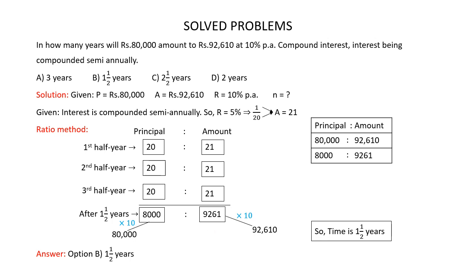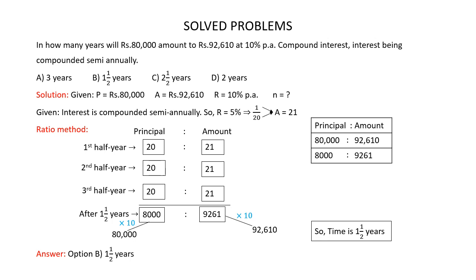Now clearly here you can see that 8000 multiplied by 10 is 80,000, which is the given principal. 9261 multiplied by 10 is 92,610, which is the given amount. So clearly here the time is 1.5 years.